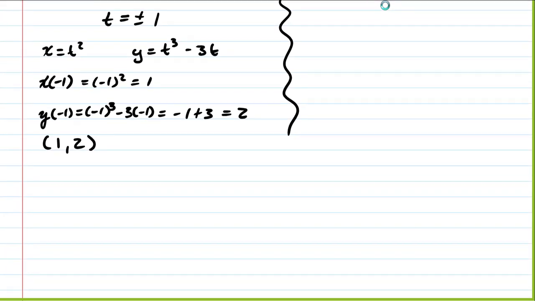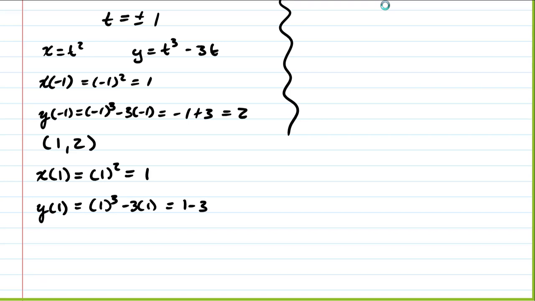And if we rinse and repeat with our positive value of t, x equals 1 squared, which is still 1. And y of 1 is going to be 1 cubed minus 3 times 1. And 1 minus 3 is negative 2.